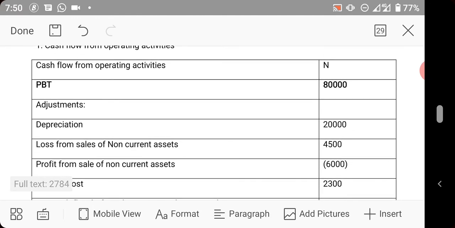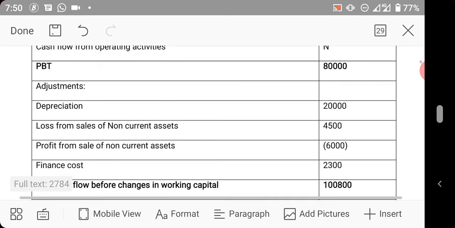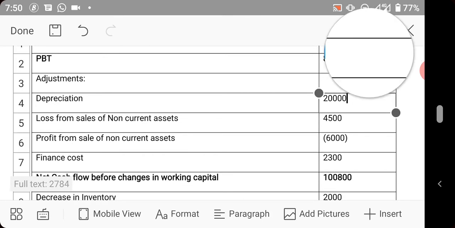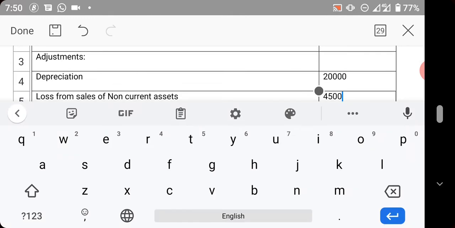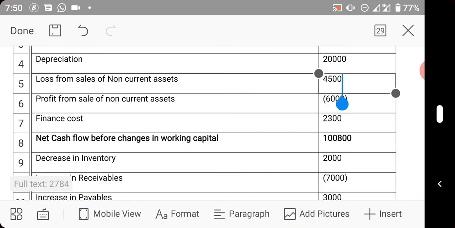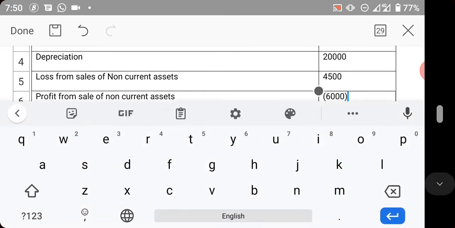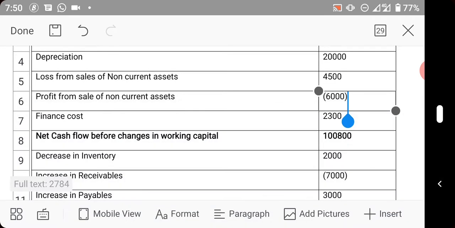So we have profit before tax to be this value. You add back depreciation, you less profits from sales of non-current assets, and you add loss from sales of non-current assets.